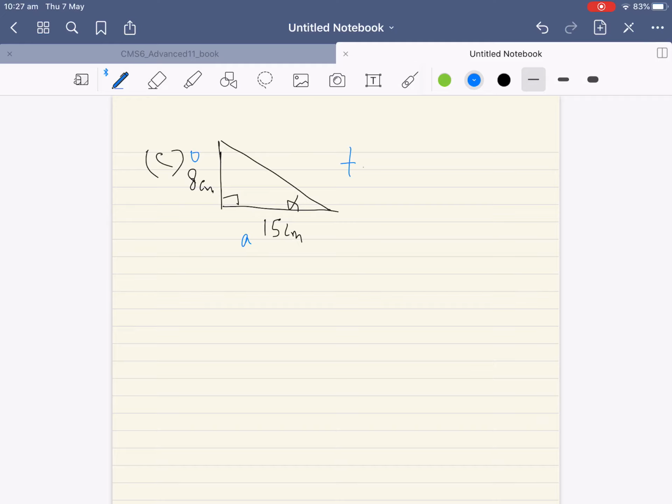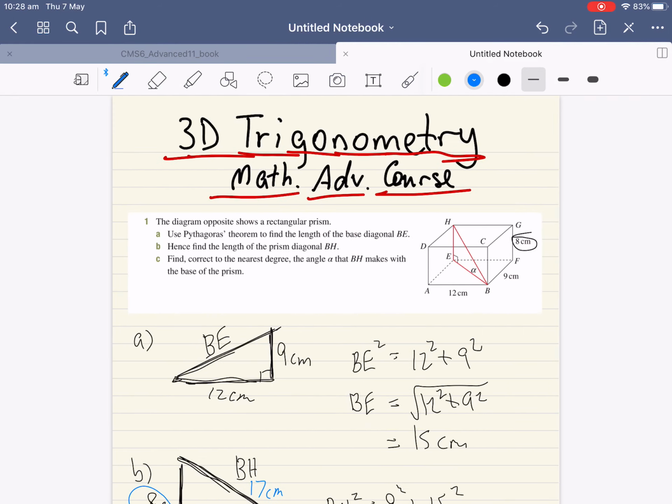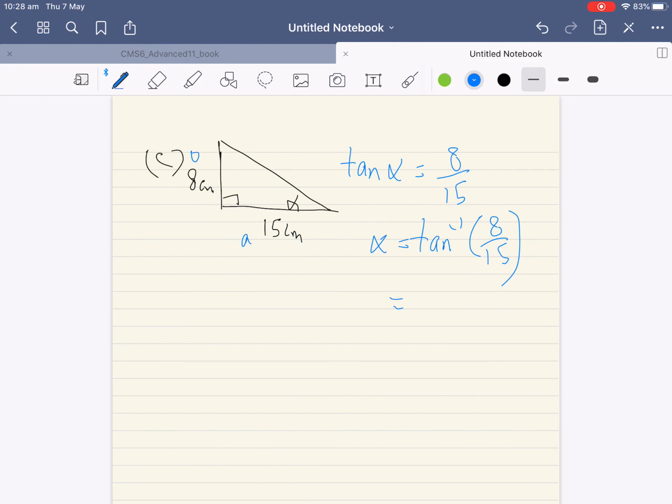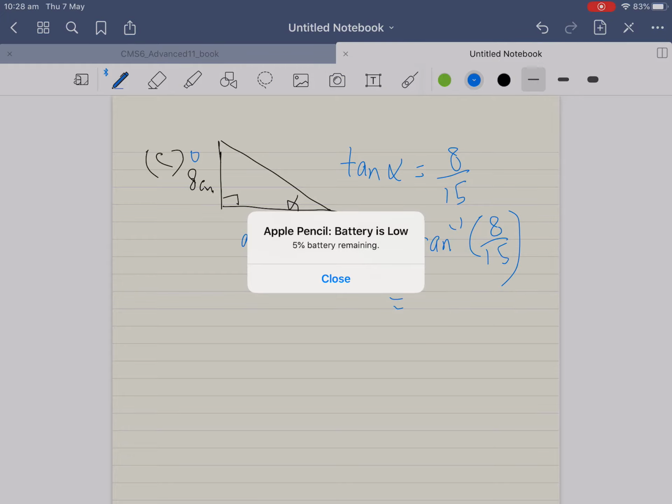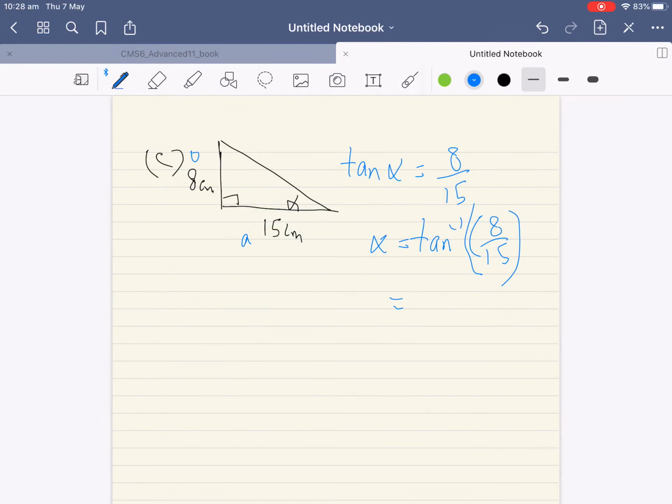Opposite over adjacent, we've got ourselves tan, which will be opposite over adjacent. You want to find alpha, move the tan to the other side. And then you just type that into your calculator, press equals, and you're doing it to the nearest degree. So just sort of round it if you need to. And that's it for part C, and that's it for question 1.